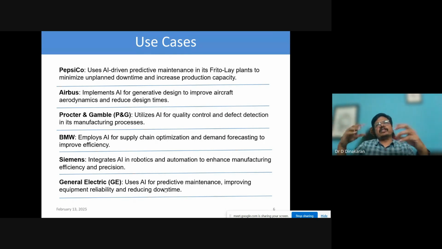From that, which machine is faulty, or which part in the machine is faulty, is recognized, and it gives an alarm, or it can automatically call the maintenance personnel to attend to the problem. That's what GE has implemented, the predictive maintenance process, thereby improving equipment utilization and reliability and reducing downtime in the factories.